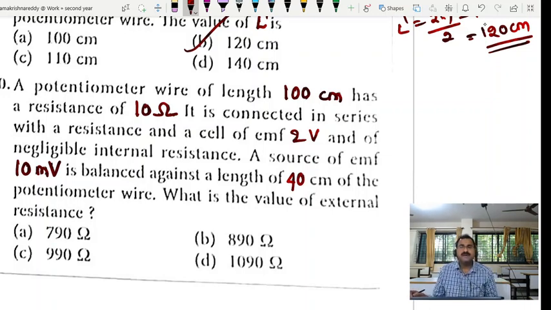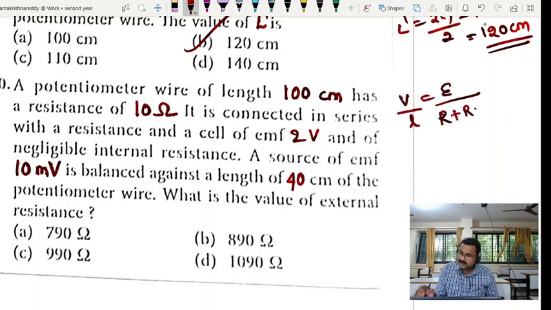What is the value of external resistance, that is RS, which is what we need in the problem? Same formula: V by L is equal to E divided by R plus RS into R divided by L. What is given there?